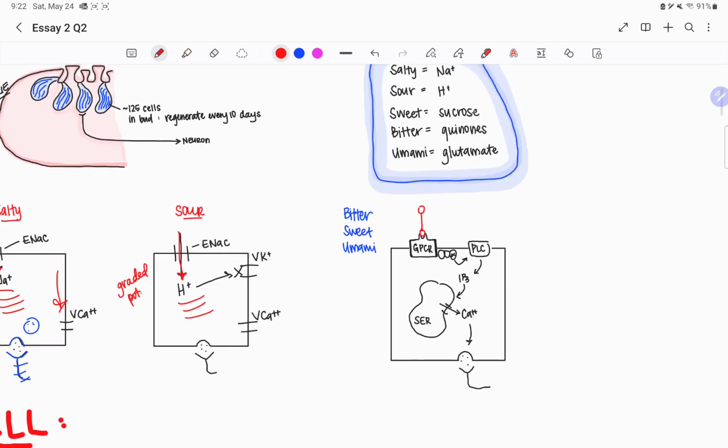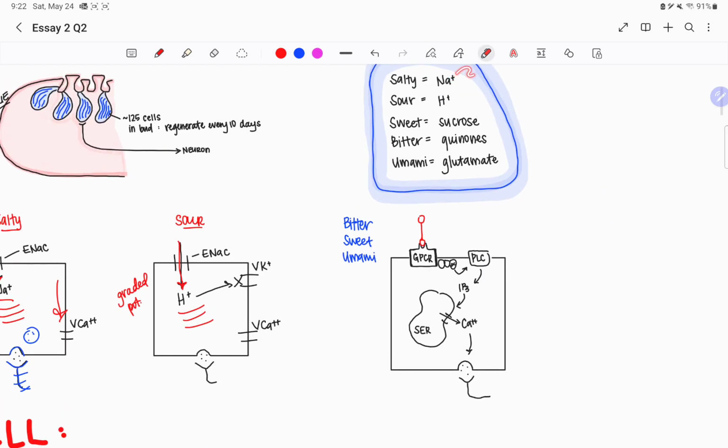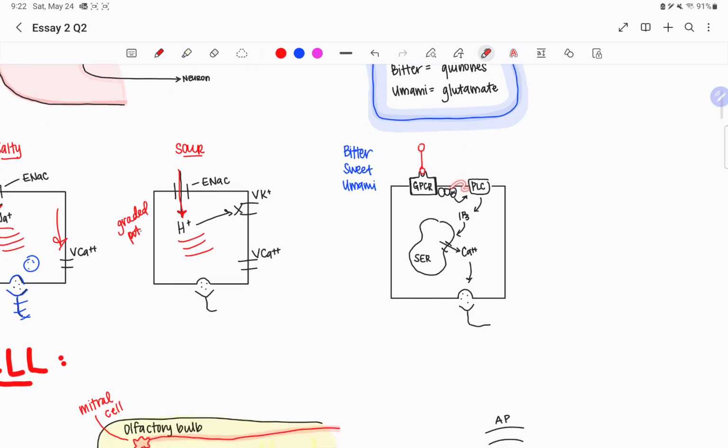The sucrose, quinones, and glutamate are not ions. Sodium and hydrogen are ions. However, these 3 are molecules that come in and bind to the GPCR. That kicks off the alpha subunit, and the alpha subunit is going to activate PLC. PLC stands for phospholipase C.